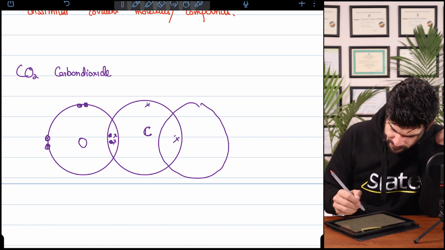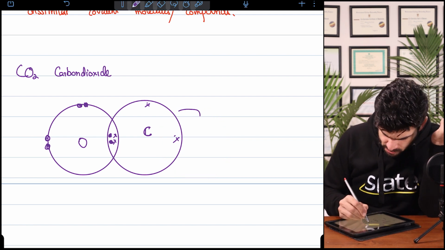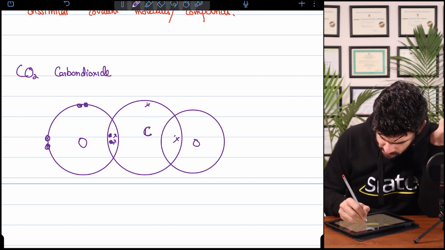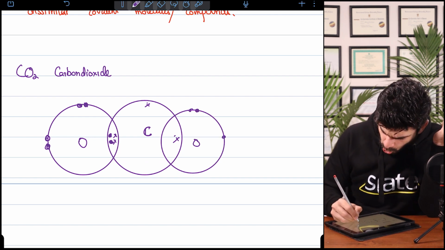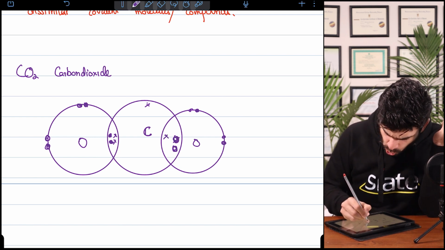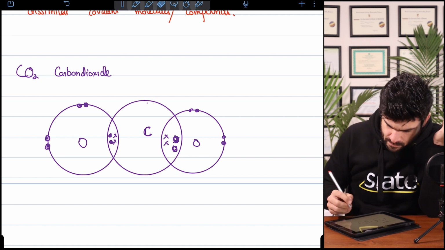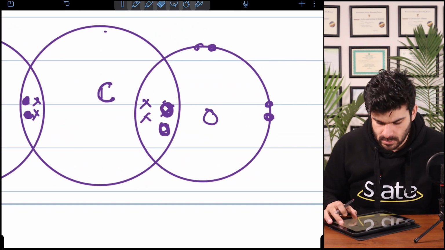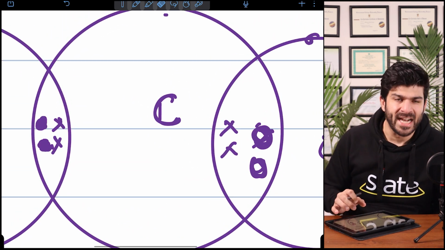And since we have given oxygen a dot, even this oxygen will also remain a dot. So dot, dot, dot, dot, dot, dot, and 2 crosses of carbon. So oxygen has a full octet, 8 electrons. And look at this carbon now, 8 electrons.